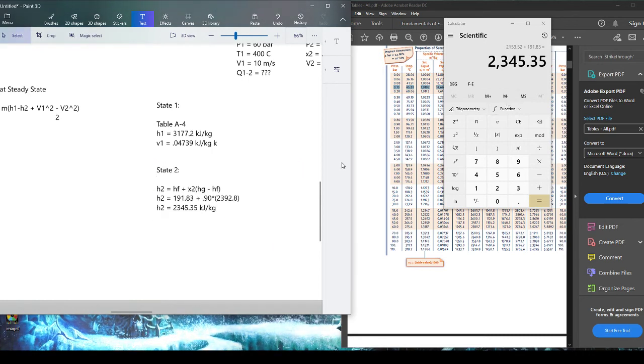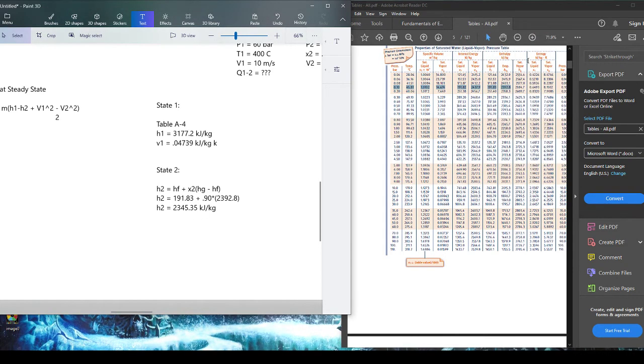So that is what we have got just by using that simple saturated equation, using quality. This is our answer. And it makes sense, right? Because the maximum value is 2584. And so we're fairly close to that, right? Which makes sense to us, right? If it was way down here, then obviously we've messed up somewhere.